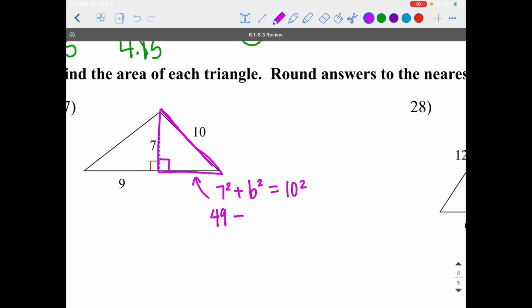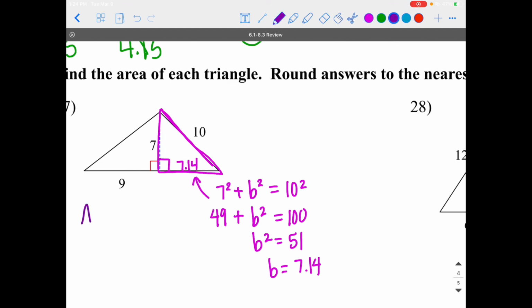So 49 plus b squared equals 100. So b squared equals 51. And square root of that, b equals 7.14. So this side is 7.14.